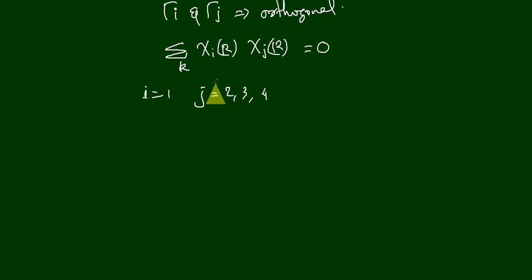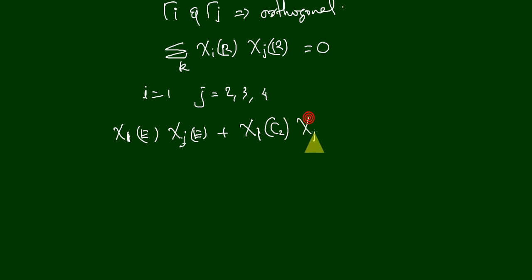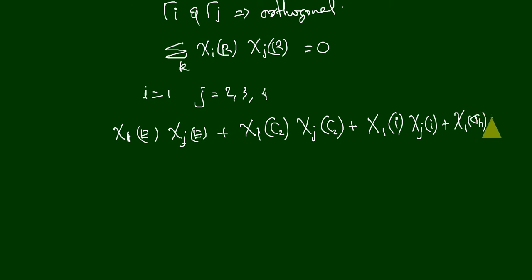In that case, we can write this equation like chi 1 e, where i is equal to 1, chi 1 e multiplied with chi j e, where j can be 2, 3, 4, means we are picking any irreducible representation after 1, plus chi 1 C2 into chi j C2, plus chi 1 i into chi j i, plus chi 1 sigma h into chi j sigma h, will be equal to 0.